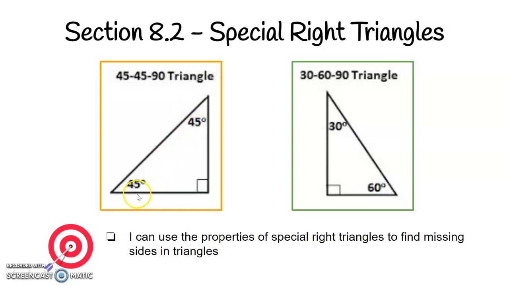Well, if both of these are 45 degrees, both these angles are the same, so the sides across from them also have to be the same. And again, we'll explore this a little bit more in a bit. Then the other triangle that we're going to look at is something called a 30, 60, 90 triangle, and we'll explore that for the second half of today's lesson.